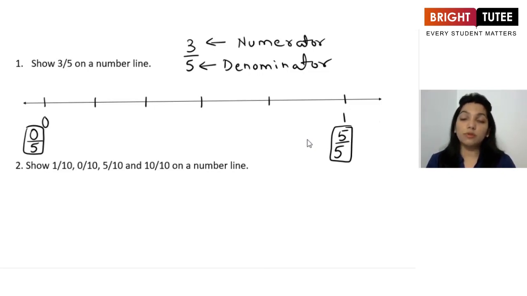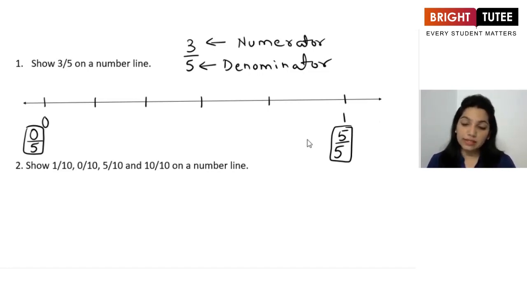If I'm not able to draw these divisions very much equal in size, make sure that if you are drawing them, you measure the line using the ruler, the scale that you have, you measure these distances accurately and then you divide it into half, or in 3 parts, or in 4 parts, and here as it is required in 5 parts.